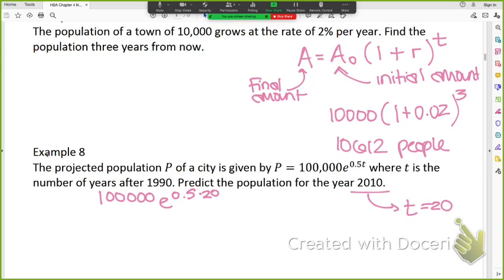Whoa, not that one. Can you find it? Yeah. Good. Wow. All right, large numbers here.